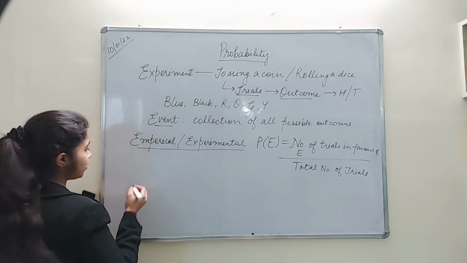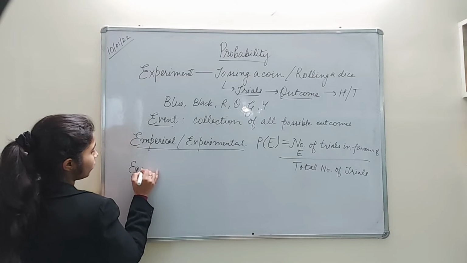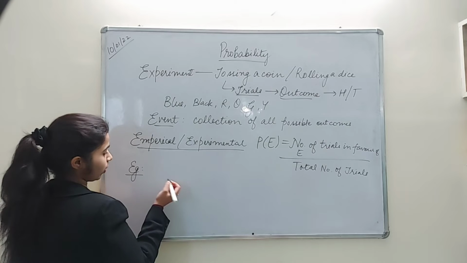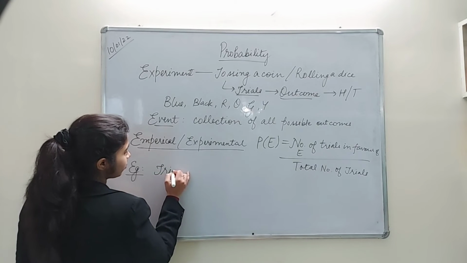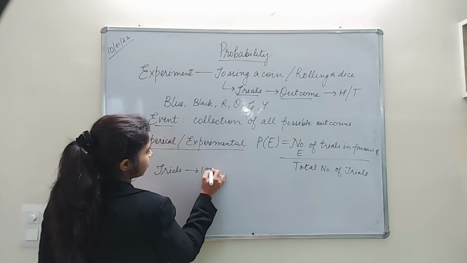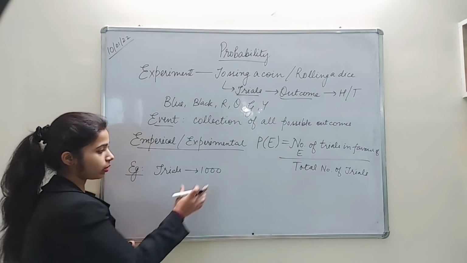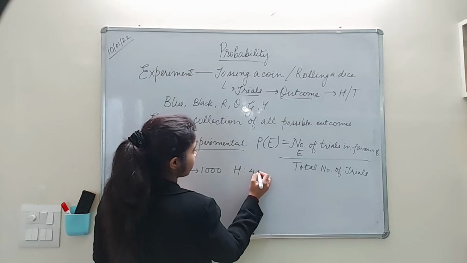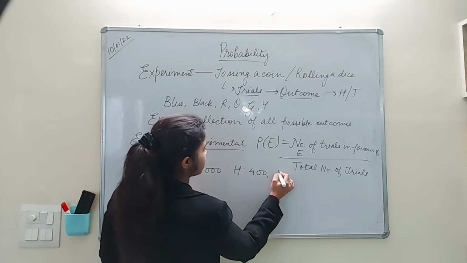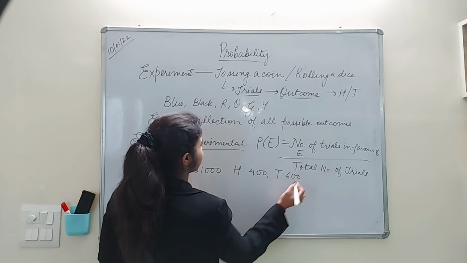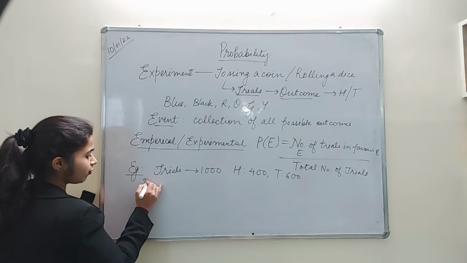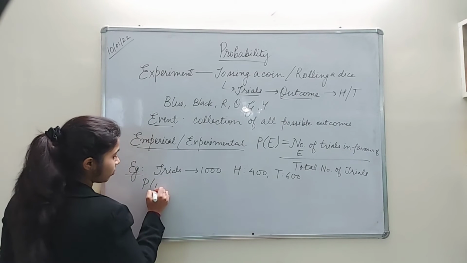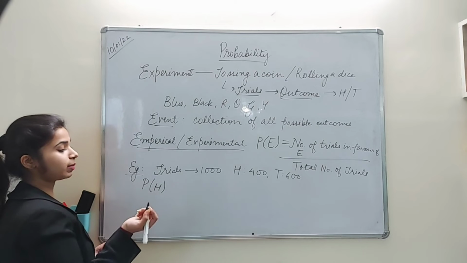Let's take an example. Suppose we take an experiment of tossing a coin and let's say the total number of trials have been 1,000. That means we have tossed a coin 1,000 times and let's say head came up 400 times and tail came up 600 times. Then if we talk about the event that we got a head, what will be the probability?